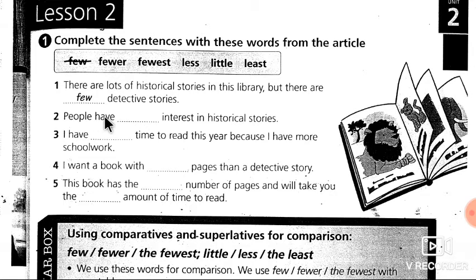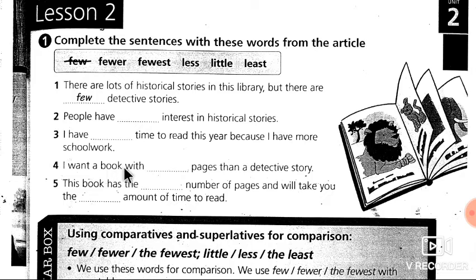Now, people have less interest in historical stories. It's a kind of hidden comparative, so we used less, not little here. I have little time to read this year because I have more schoolwork.